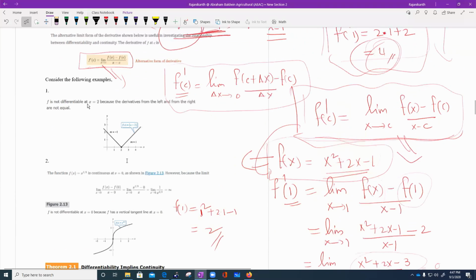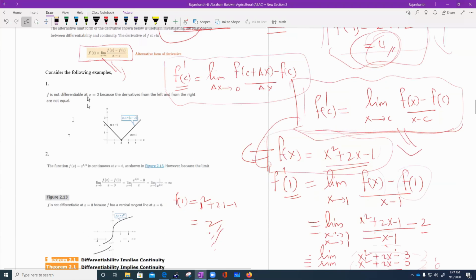Now look at a couple of examples in these pictures. The first one: f is not differentiable at x equals 2. Why? If you look at the first picture, the curve is a continuous curve. You could draw this entire curve without lifting your hand.